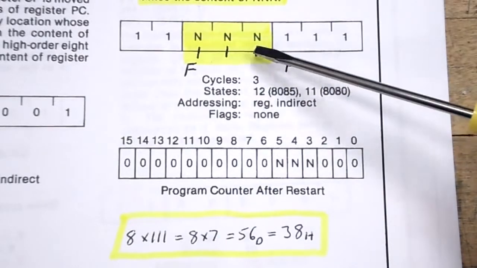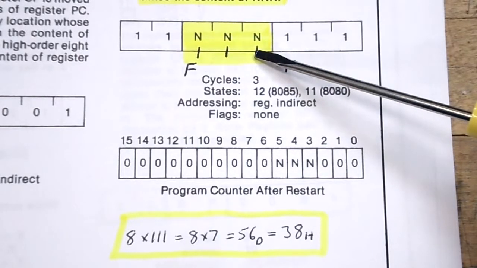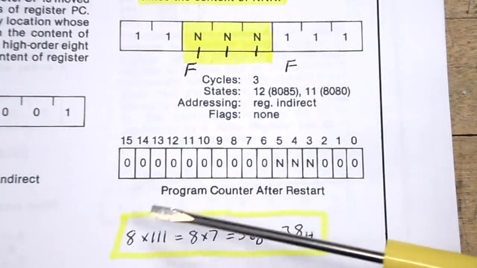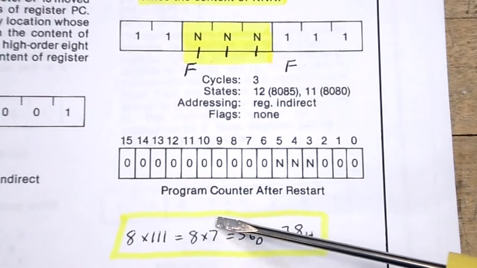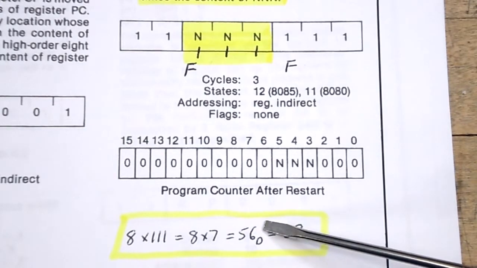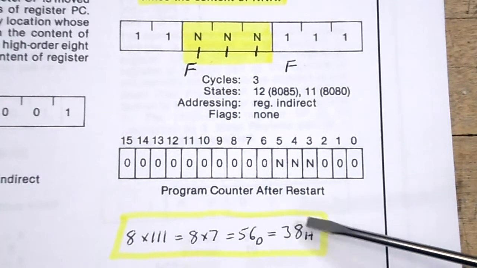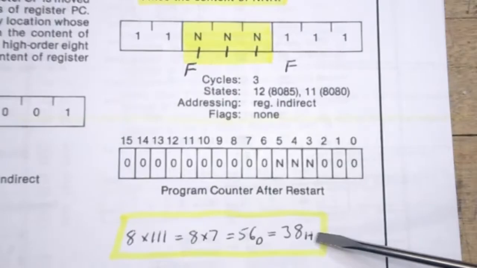Now, NNN being 111 is equal to the number 7. So if we take 8 times 7, that's equal to 56 in the decimal world, and it's equal to 38 in the hexadecimal world.